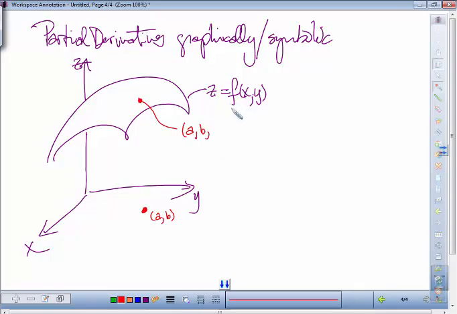The function describes the height at any point. So if I'm at the point (a, b), the height of that point is going to be f of (a, b). You guys okay with this? You can call it C if you want, but I'd rather call it that.